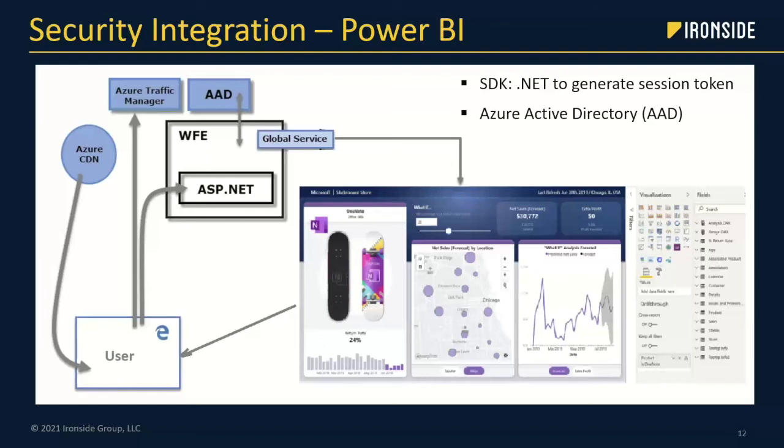Power BI today is locked down by AAD, right? So behind the scenes, either you set up a Power BI Pro user account, or you use a service account. Either way, it gives you the capability to generate a token on the fly.